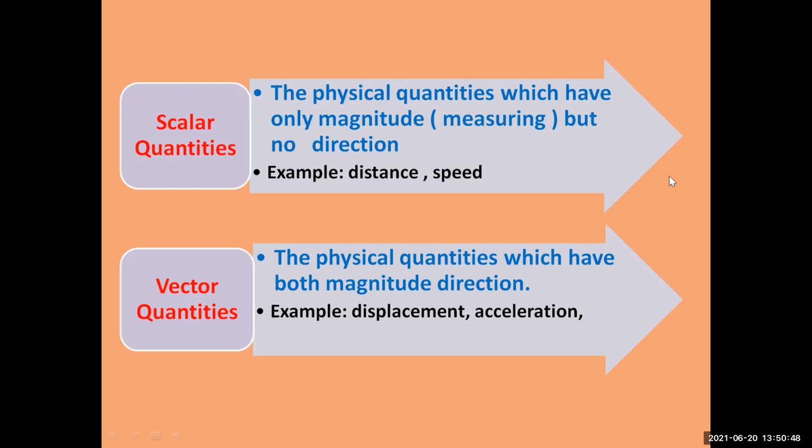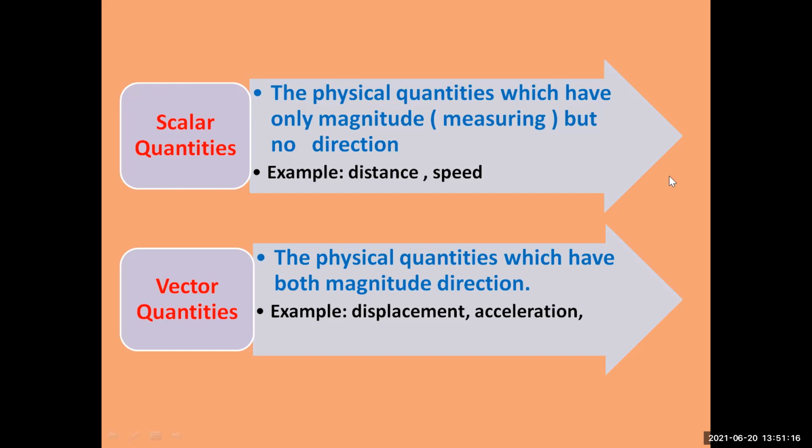For example, time. What is the time? 4 o'clock, 5 o'clock, 2.5 hours. Here we are not mentioning the direction. We are not saying 4 o'clock towards east, 4 o'clock towards west. If somebody asks the time, we say the time is 2 o'clock, the time is 3 o'clock. We never say 2 o'clock towards east, 2 o'clock towards west.